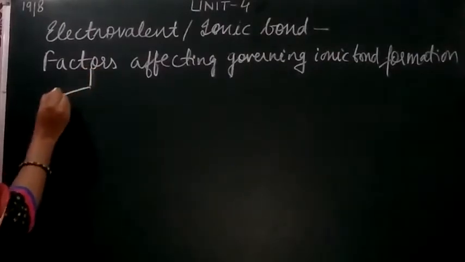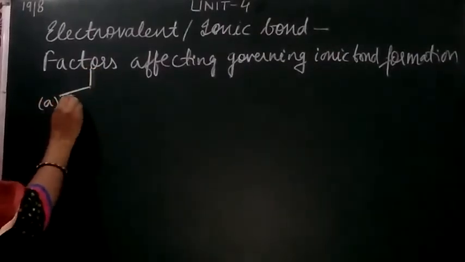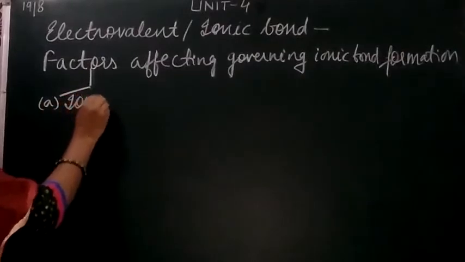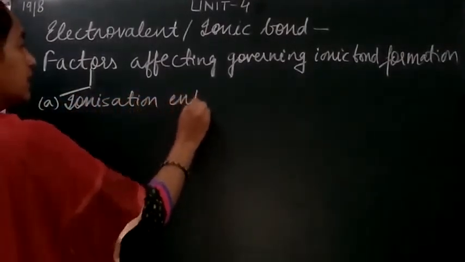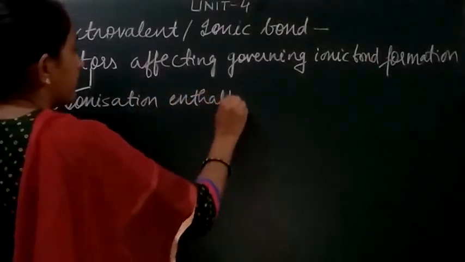So what is the first step? The first step is the loss of electron, and that is related with the ionization enthalpy.